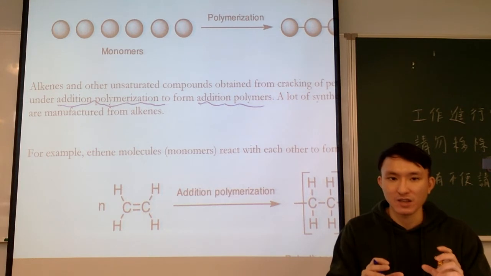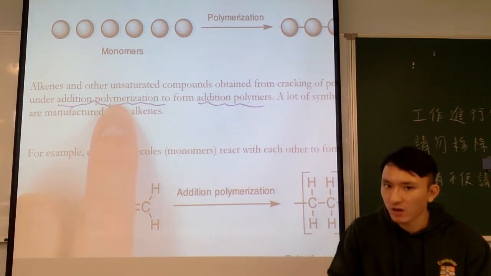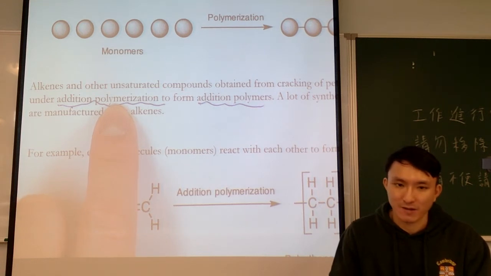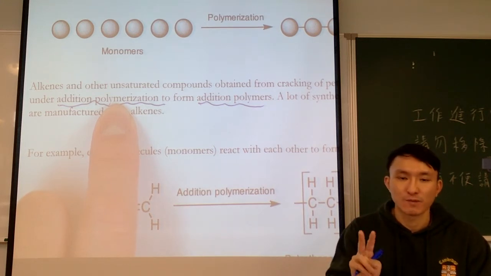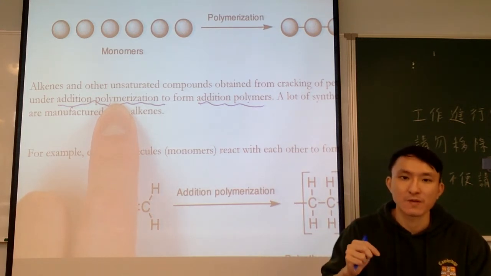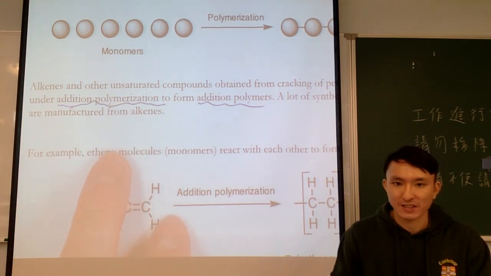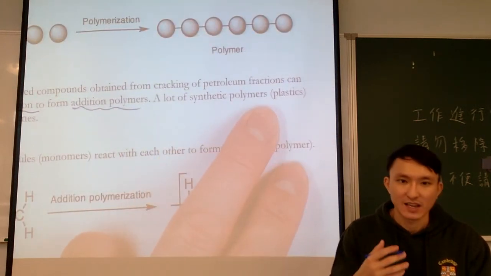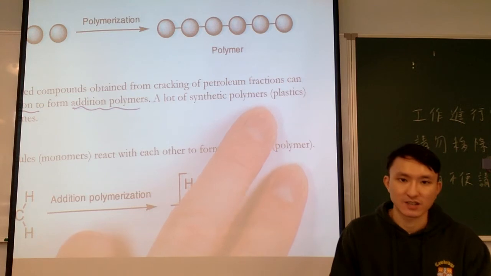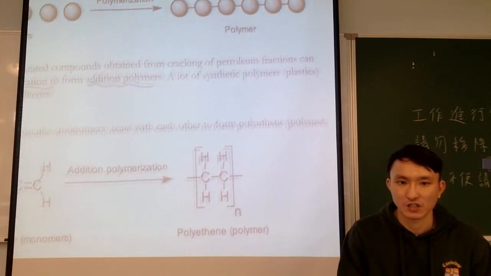Under polymerization, we have addition polymerization, and later on we will learn about another type called condensation polymerization. So think about it as two types of polymerization, and here we will be focusing on addition polymerization. In fact, a lot of plastics are addition polymers.